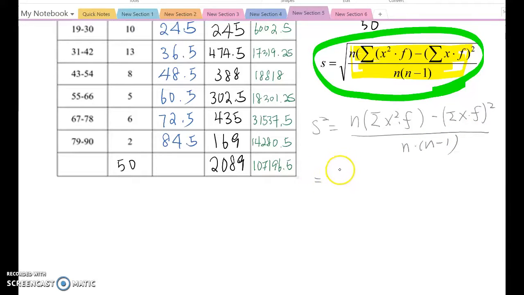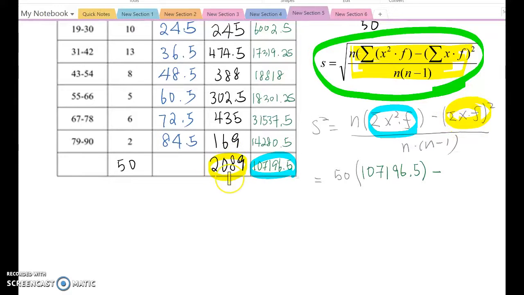So it becomes 50 times, this means basically this value, so you just copy down 107,196.5 minus this value, which is 2089 squared, over now 50 times 49 here.